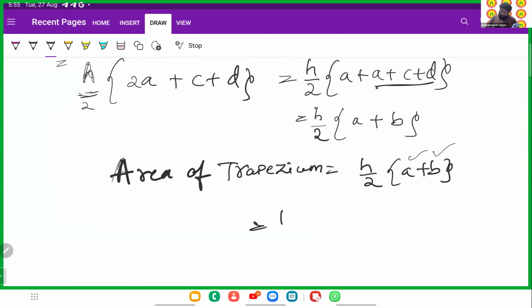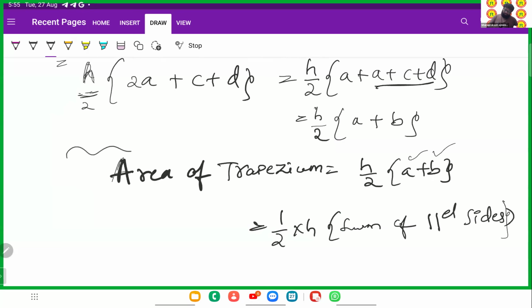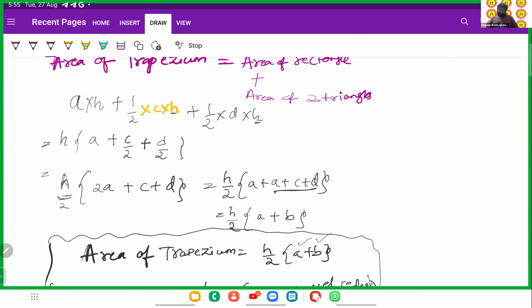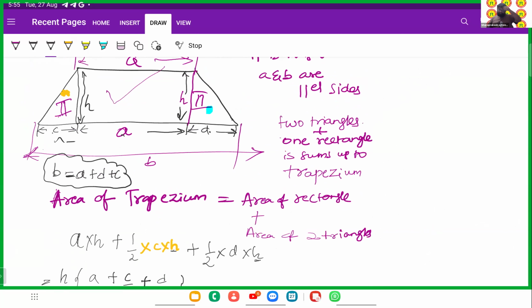So that will be equal to half into H into the sum of parallel sides. So this is the area of the trapezium. Please make a note of it. Any difficulty in understanding this? No, sir.